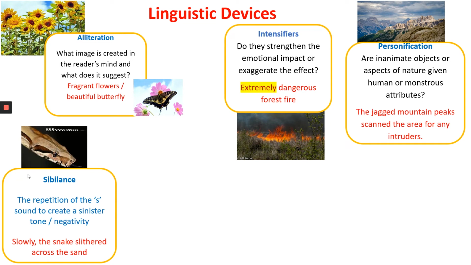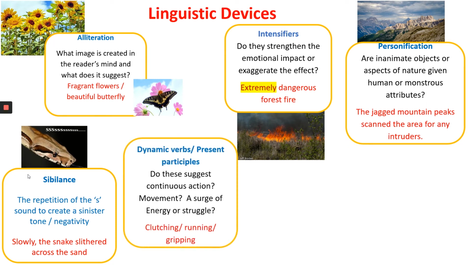So here, extremely dangerous would be an example of an intensifier, again, to really strengthen the effect of something. So look out for the intensifier. It was an extraordinarily beautiful day. Extraordinarily beautiful would be the day being really, really exaggerated, emphasized to show what a lovely day it was, for example.